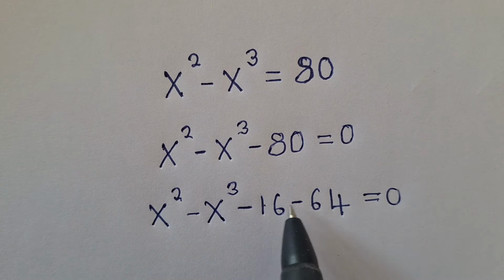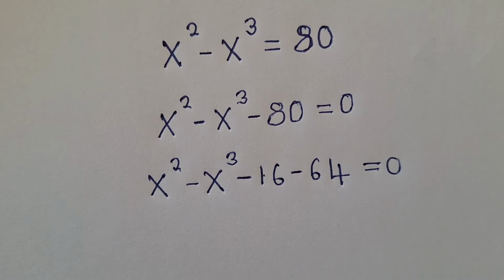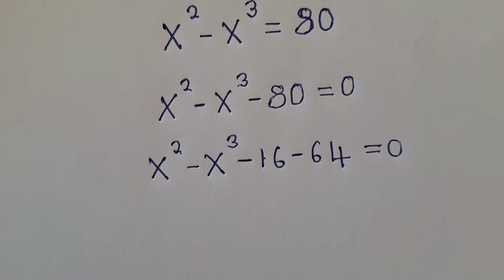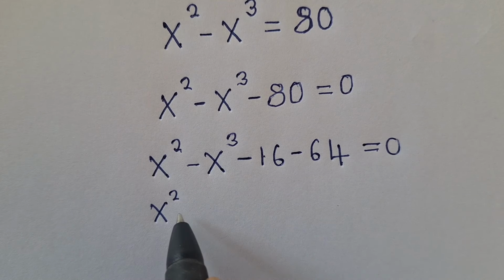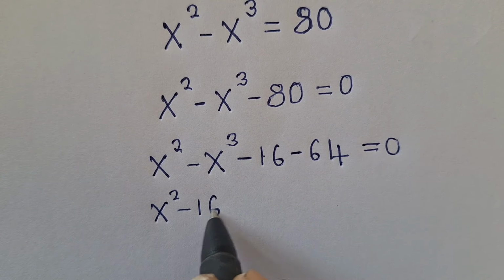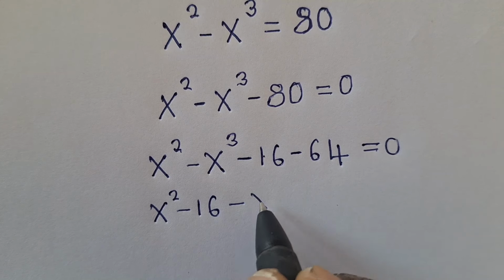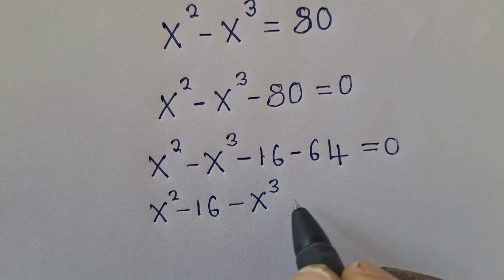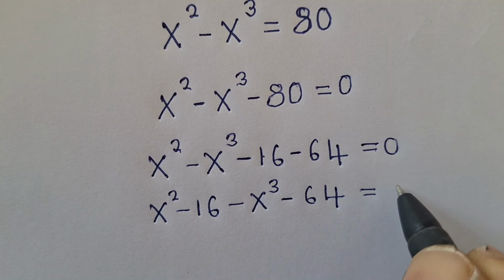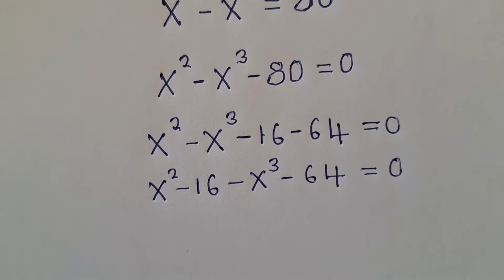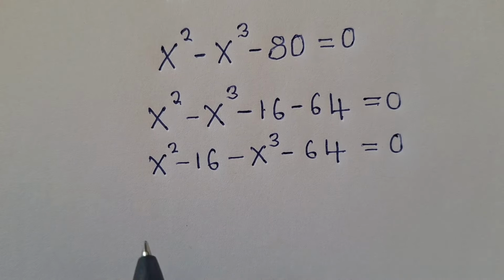So this minus 16 minus 64 will give us what? Minus 80. So from this stage, we can group, okay? So (x^2 - 16) - (x^3 - 64) = 0.